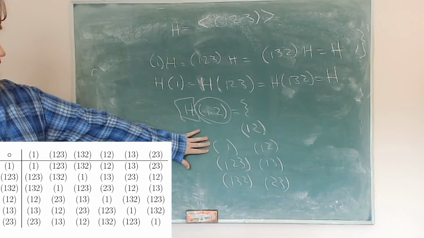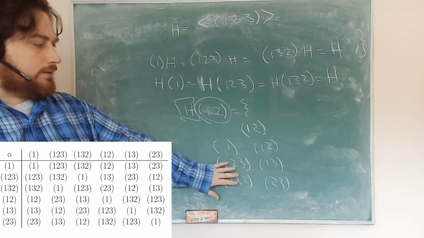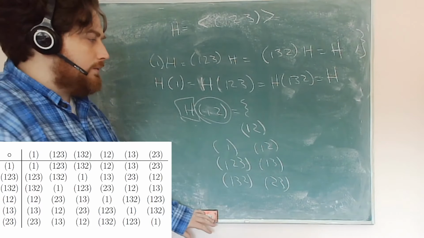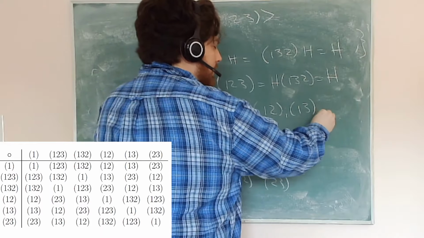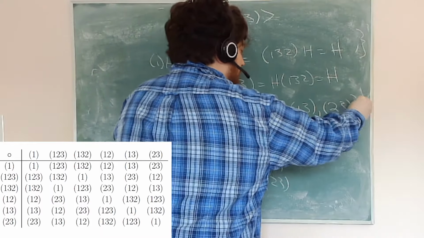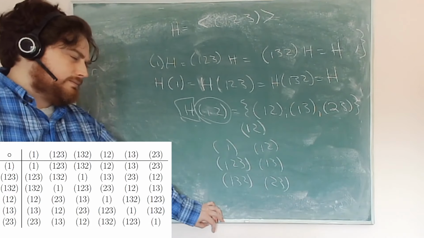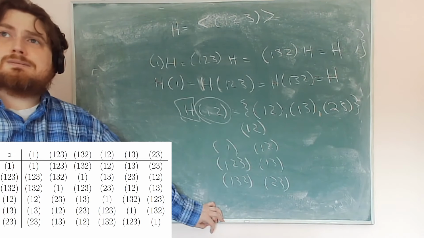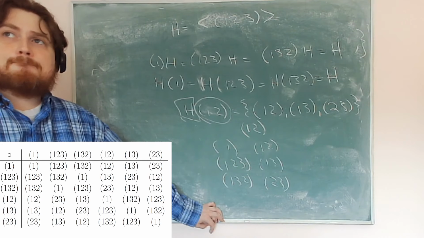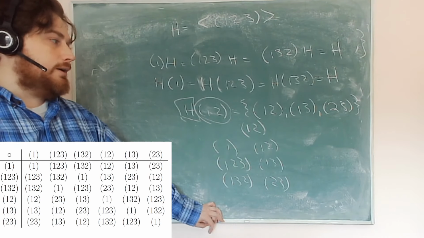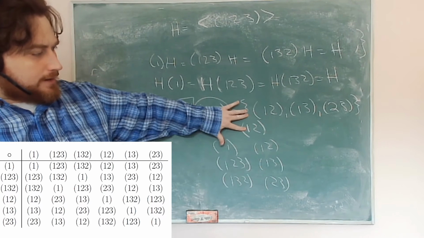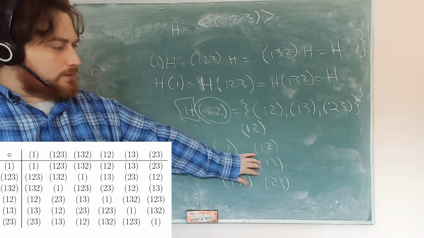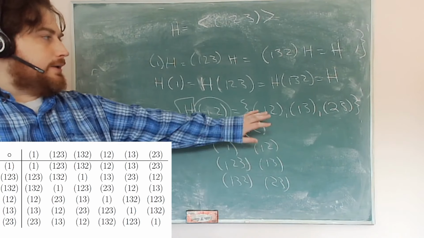So if I take an element of H and multiply by (12), I can either get (12), (13), or (23). I actually went through and calculated that by multiplying. This is on the right, these are on the left. This is my column, so I look at these rows, and the corresponding elements are these three, so I end up with this.